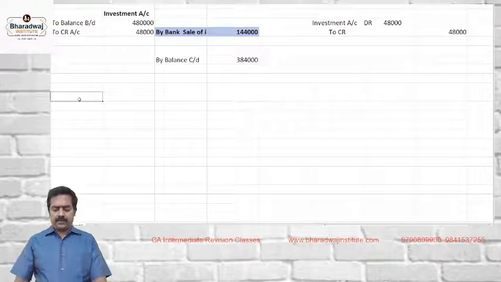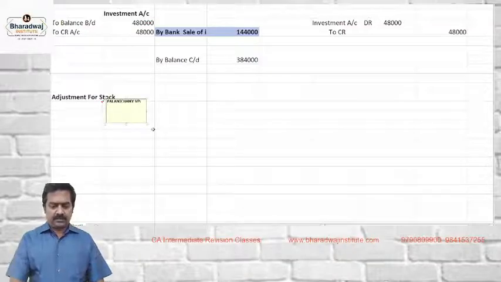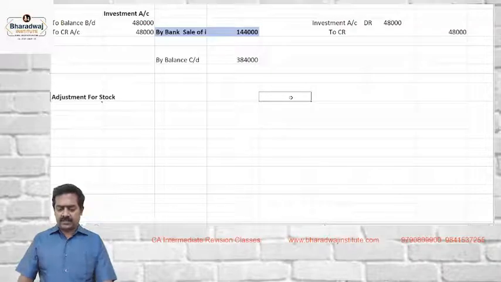Next. Adjustment for stock. Wait. What is the opening current asset?